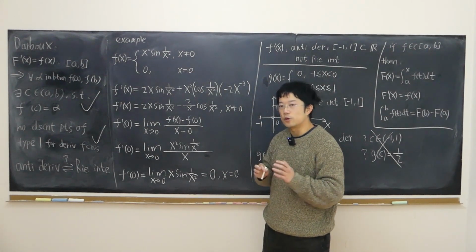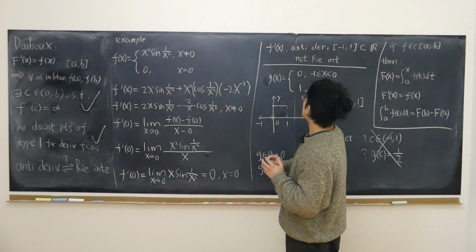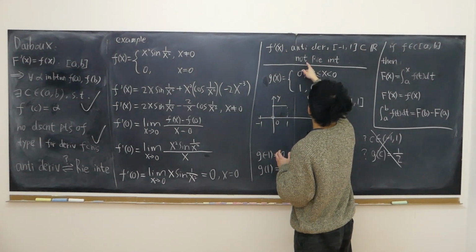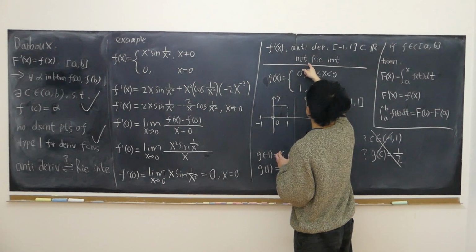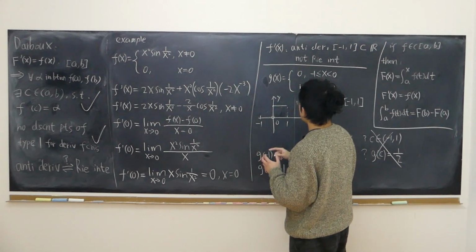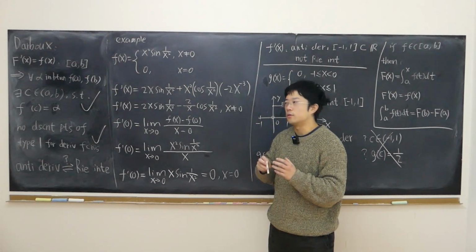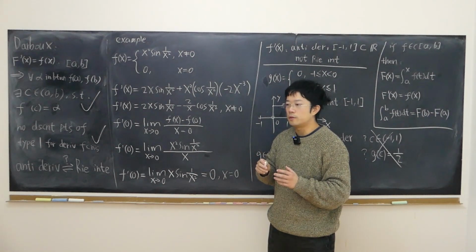The answer is still yes. Notice when I'm talking about not Riemann integrable, I'm talking about not properly Riemann integrable. I'm not talking about improper Riemann integrable, because in that case, even though it is unbounded, the integral may still be convergent.